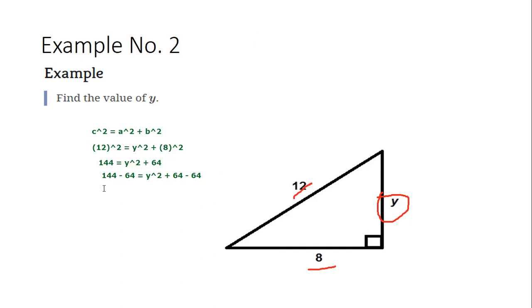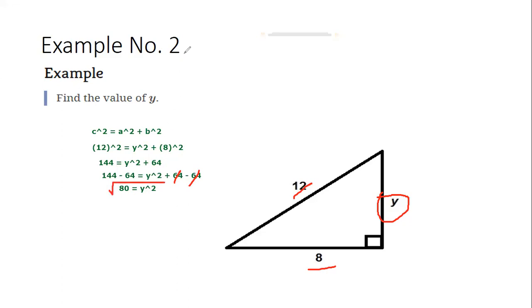So 144 minus 64 is 80. 64 minus 64 cancels out because it is already 0. So this becomes 80 equals y squared. In order for us to find the value of y, we need to extract the square root of both sides of your equation.